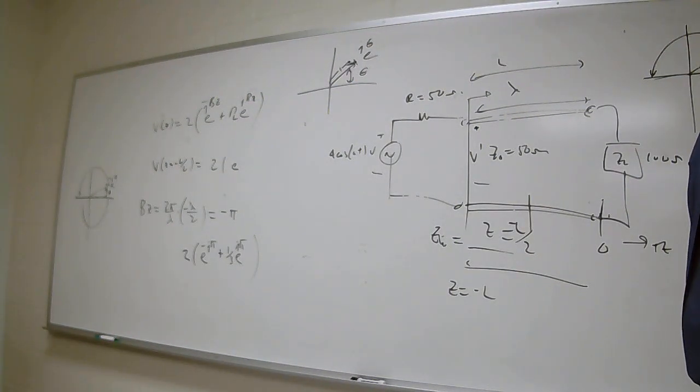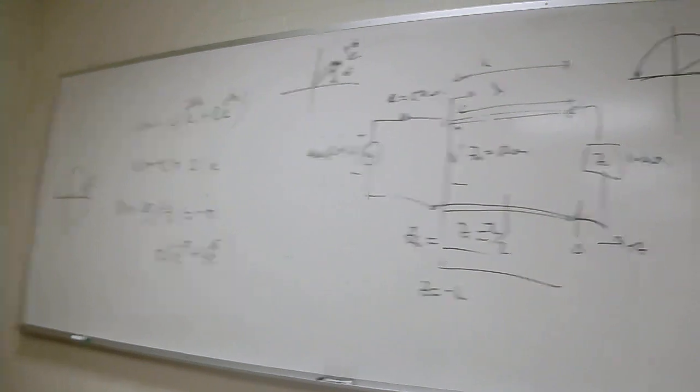So, if that's cosine minus pi, that's 0, that's positive 1. Cosine's an even function, right? Wait. I'm thinking about this. Yeah, it is minus 1.